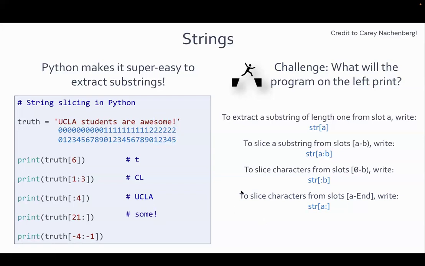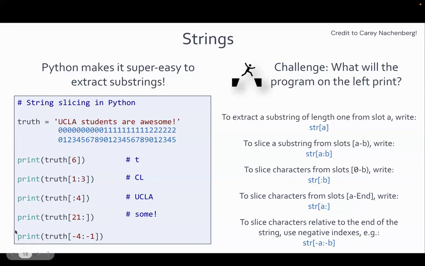All right, and after that, we can also use negative indexes for our strings. We can use string[-A:-B]. This is still including -A and excluding -B. Can someone tell me what this would print? Great job.